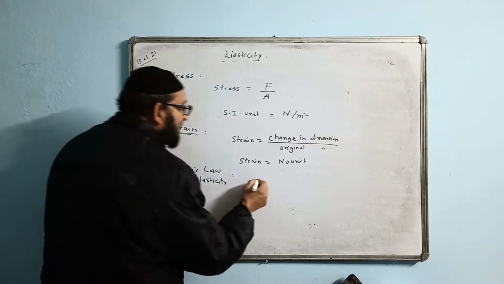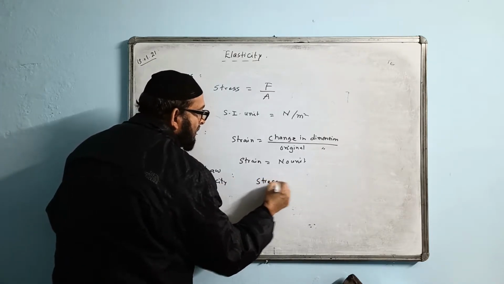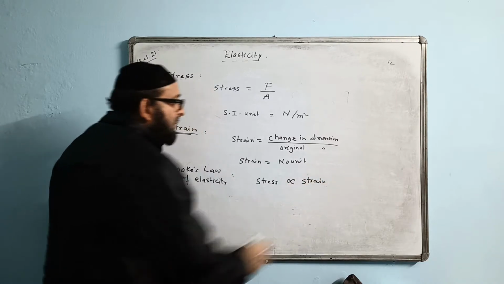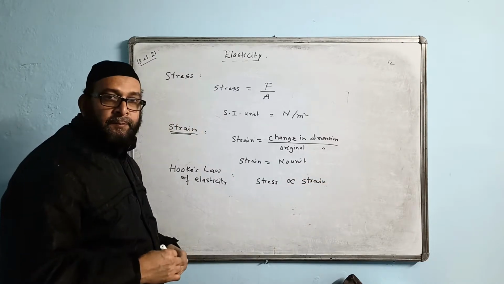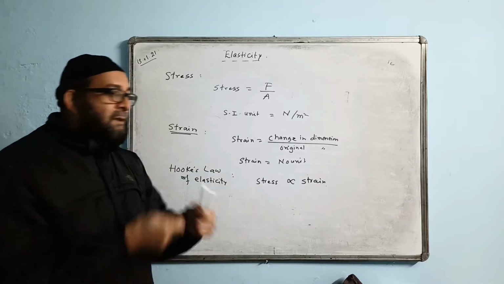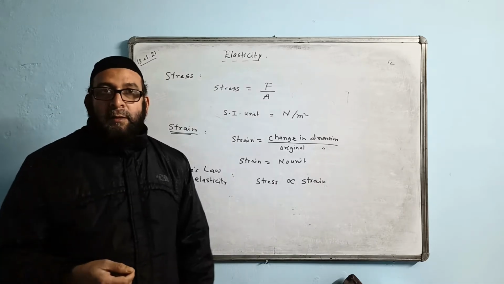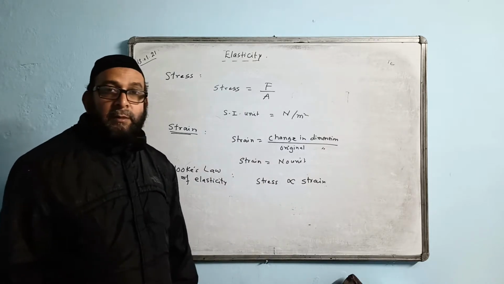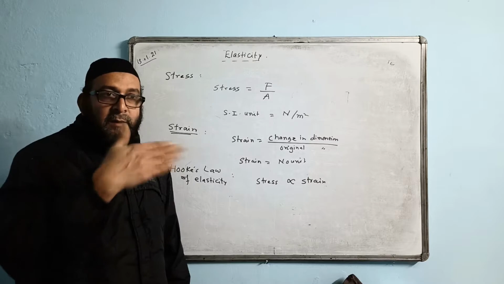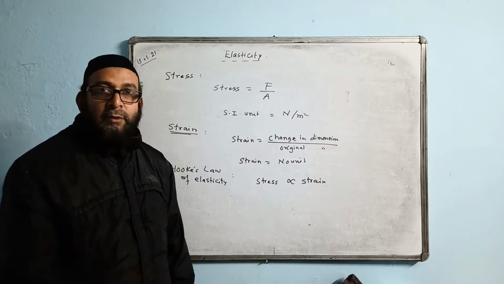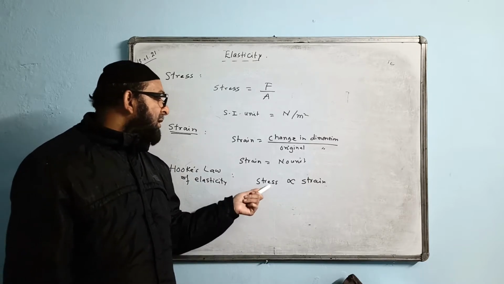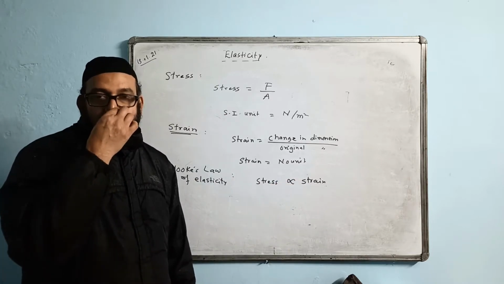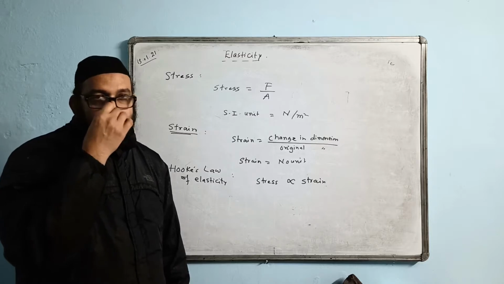Hooke's law states that the stress is directly proportional to the strain within elastic limit. Sometimes what happens when you have too much stress, the body does not return back, rather it may break. That time this law will not be applicable. Within a certain limit, stress is directly proportional to the strain. That means when you increase the stress, strain also increases, and when you decrease the stress, strain also decreases.